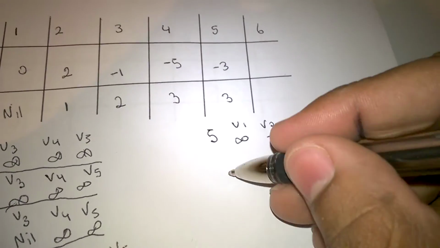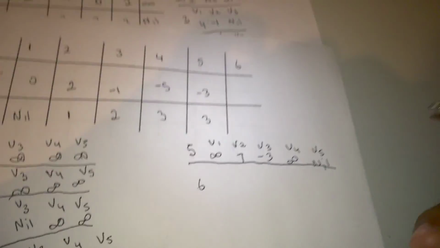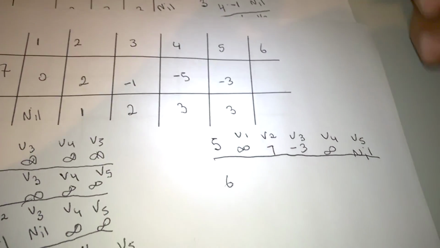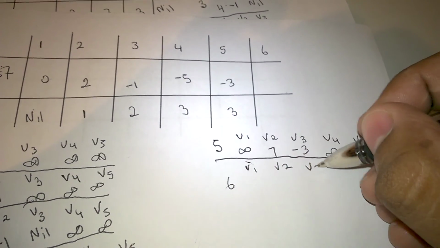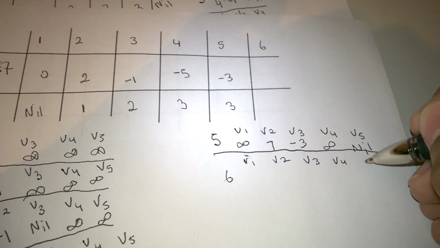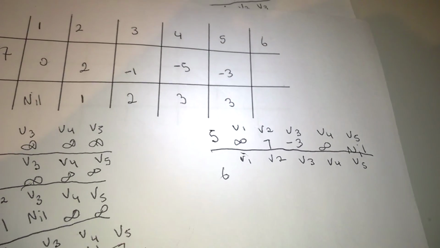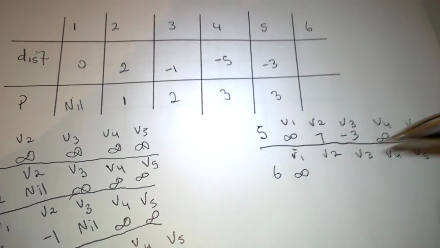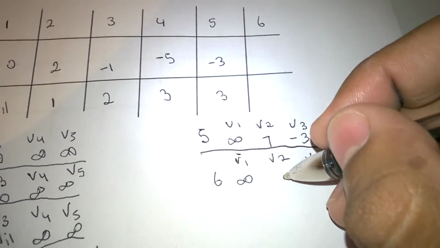Now we do 6, right? v1, v2, v3, v4, v5, right? Could we reach 6 from v1? No, infinity. Could we reach 6 from v2? Nope, infinity.